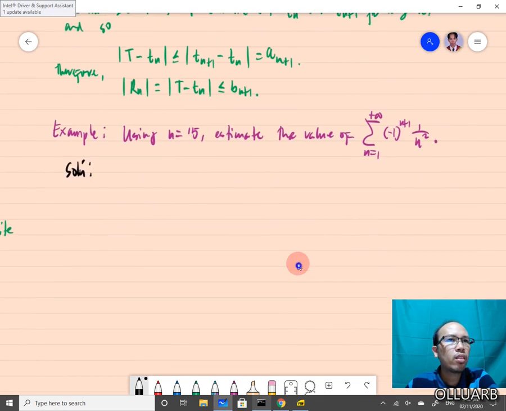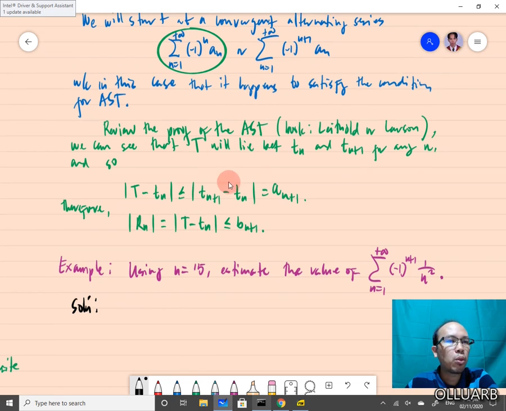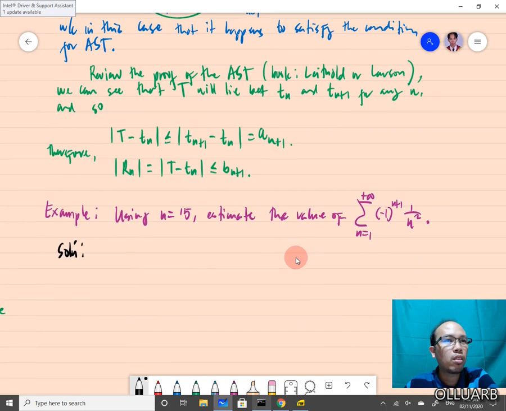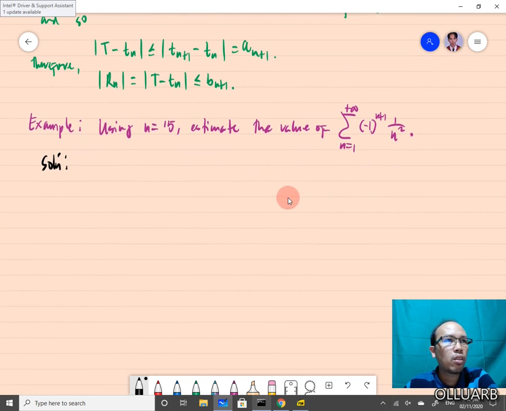Okay, this is what I told you in the previous slide. Here we use n, but there we use k. It's just the same, it depends upon the notation. So we are going to use n equal to 15 to estimate the value of this series. We know that this is an alternating series, very clear, and this is convergent.